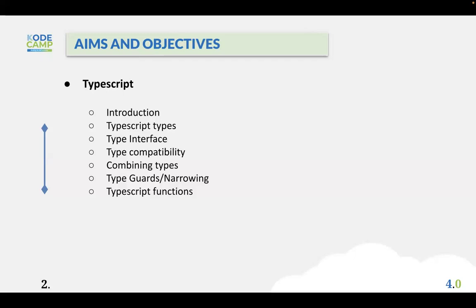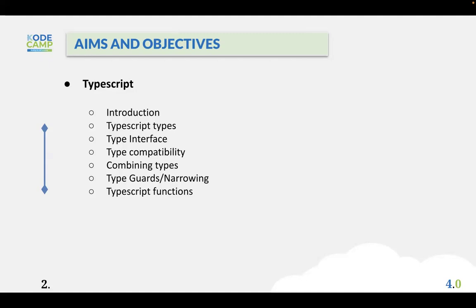What it does is it adds features on top of the existing functionalities of JavaScript. The features it adds are static typing, improvements in maintainability, and then the superset of JavaScript. But first of all, the static typing.